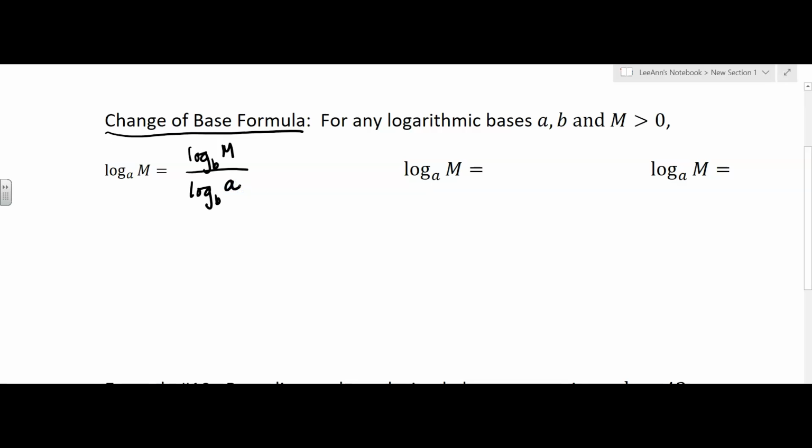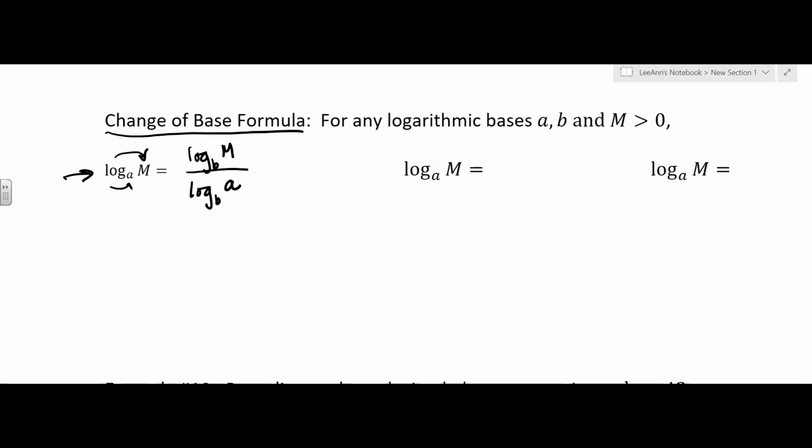Now, what is b? b could be any base you want it to be, okay? So this says if you want to change the base, you don't want it to be base a, you can change it, and this is how we do it. We take the logarithm of the argument, and then it's divided by the logarithm of the base. And then you put in whatever base you want. Okay, so b could be anything greater than 0.